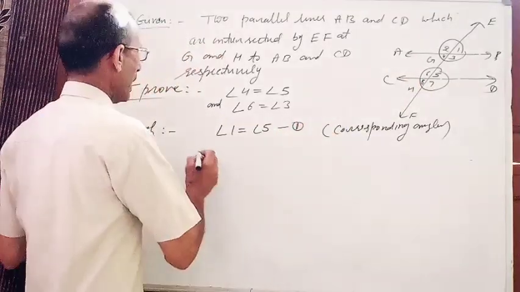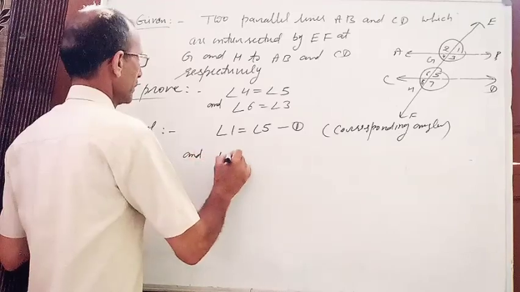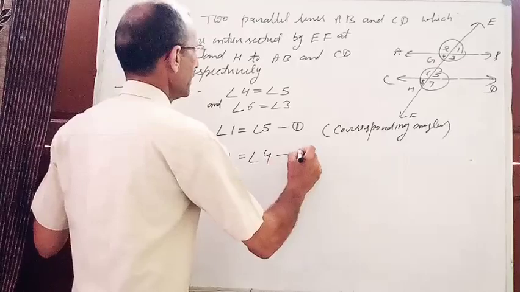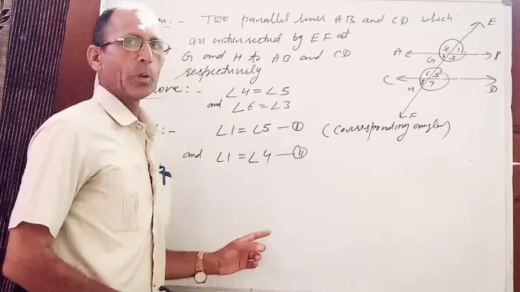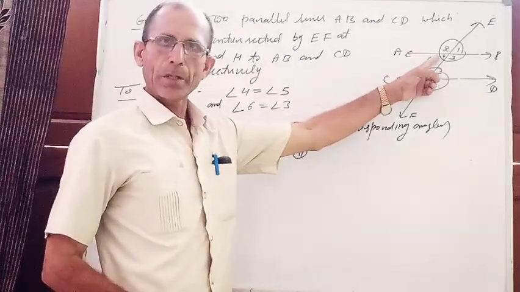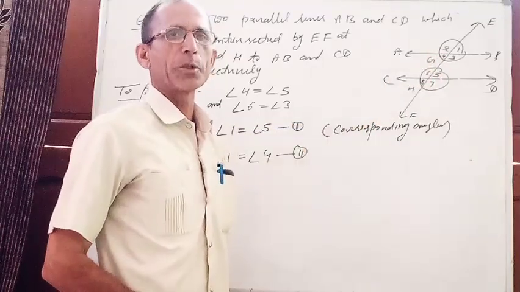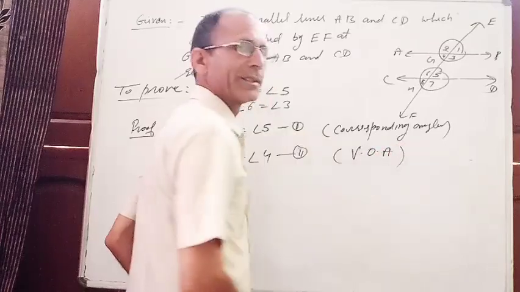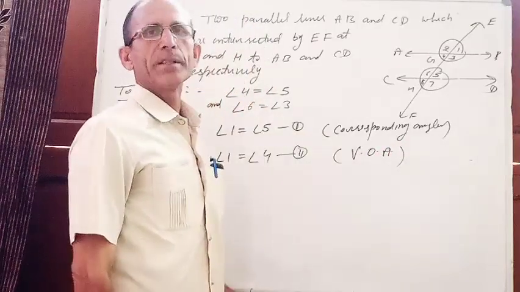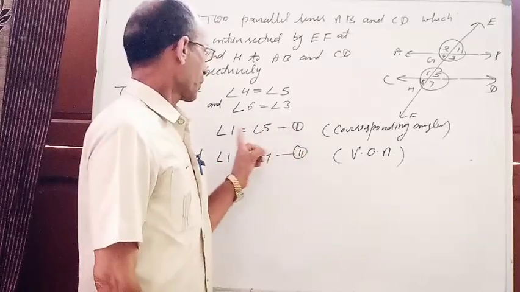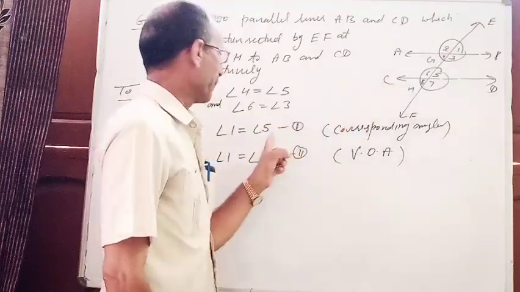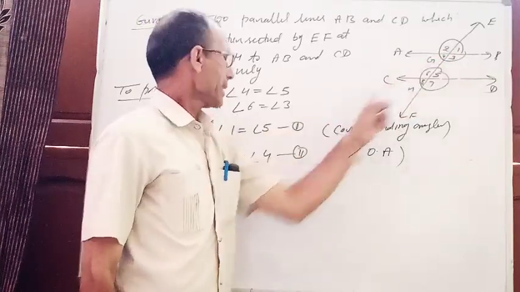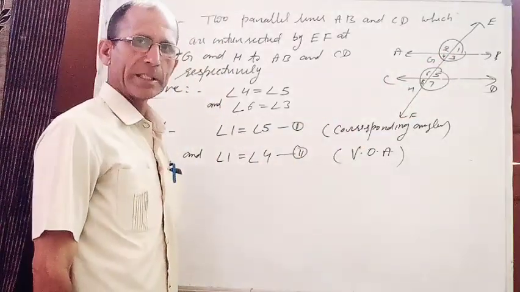And angle 1 is equal to angle 4. This is equation 2. And for this one, you have to give the reason, vertically opposite angles. Both theorems we have proved. So angle 1 is equal to angle 5, corresponding angles, and angle 1 is equal to angle 4, vertically opposite angles.